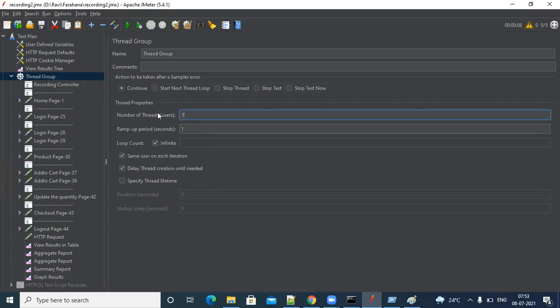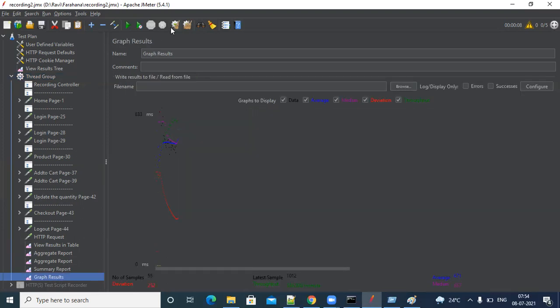Okay. Let's run with one user and we'll specify a thread time of some 10-15 seconds, so that we get particular data. I won't display the data, don't require it, and the median 50% is not required. I need average, response time, deviation, and throughput. These three are main for us.